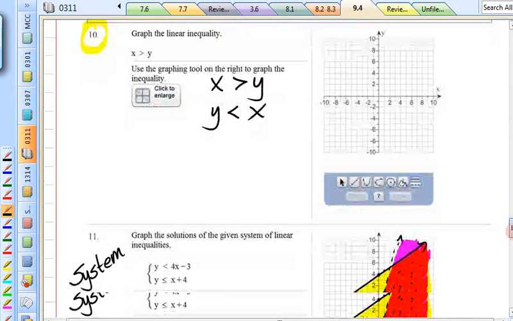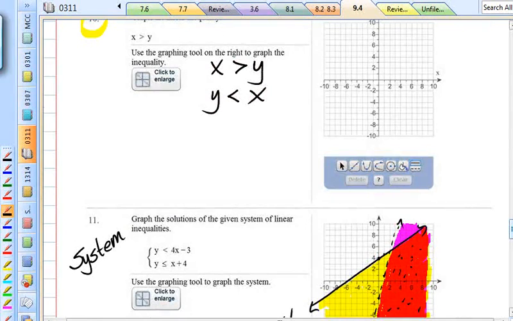Now, if I want to graph that line, first of all, based on that symbol, will it be dotted or solid? It will be dotted. Will I shade above or below? Below. Because from the y's perspective, y is smaller than, so it's below. And where will I begin?